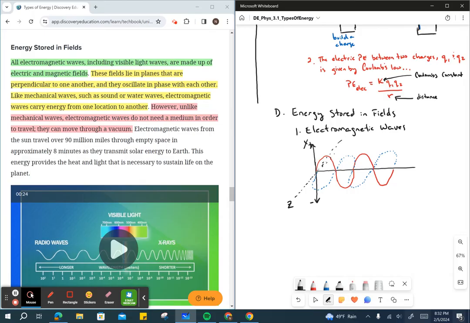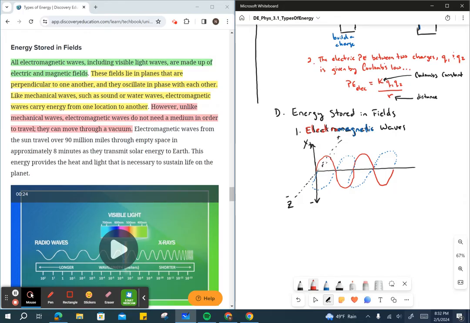Z-axis. And we could say that this was positive and this was negative. We're just trying to show that these things travel perpendicular. Maybe we would say that this was the magnetic part, and maybe this was the electro part.